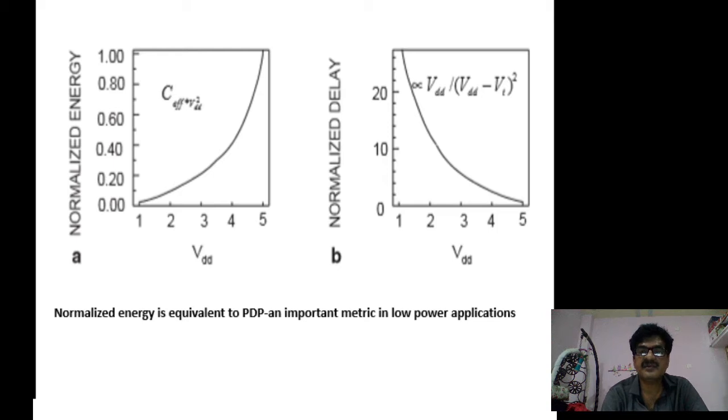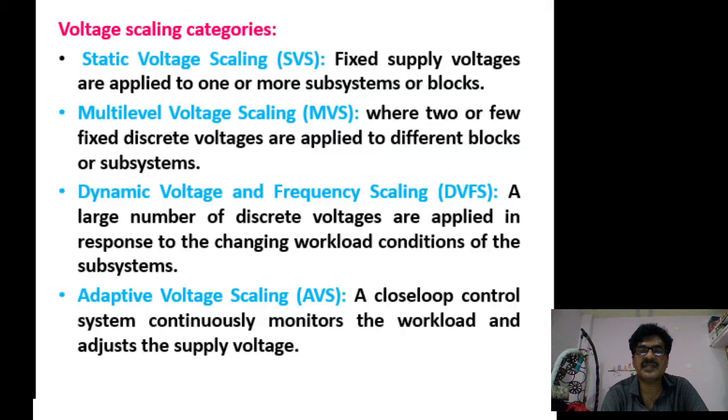Let us see the voltage scaling techniques available in the literature. Those are static voltage scaling, multi-level voltage scaling, dynamic voltage and frequency scaling, and adaptive voltage scaling techniques. Coming to the static voltage scaling technique, all the voltages are fixed.